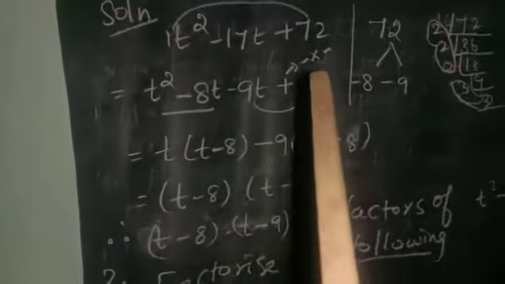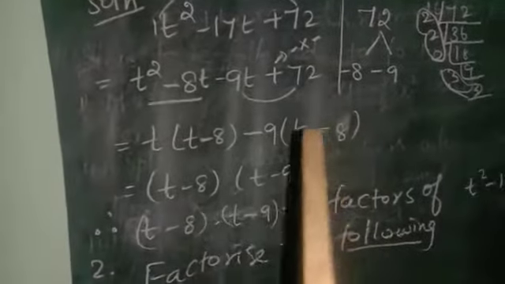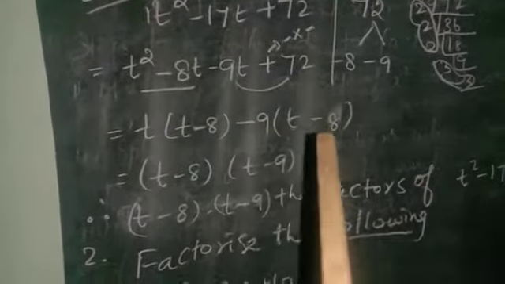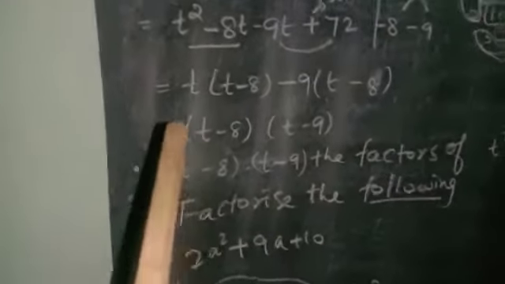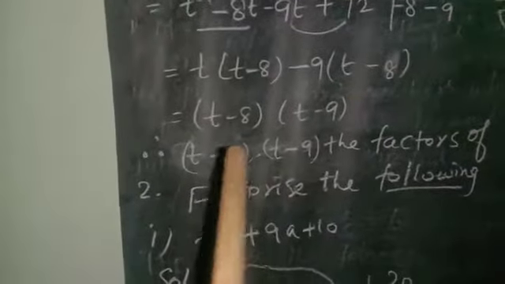So the balance is t minus 8, giving minus 9 into t minus 8. First we write the common factor t minus 8 and the balance factor t minus 9.